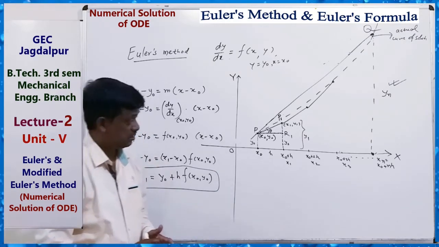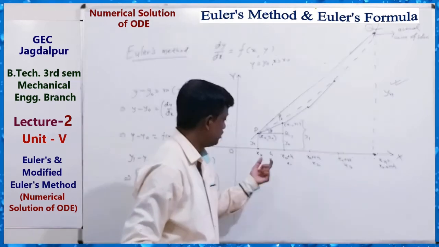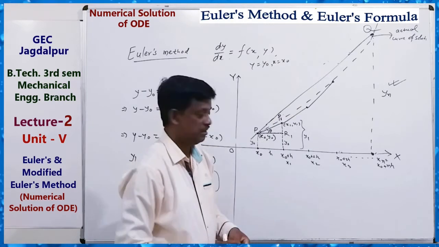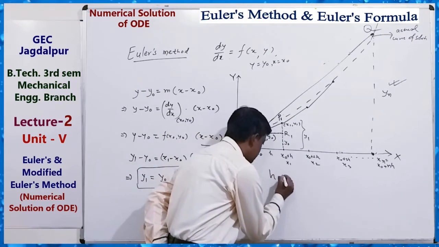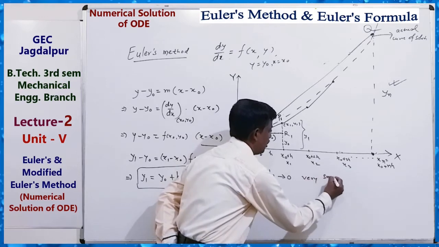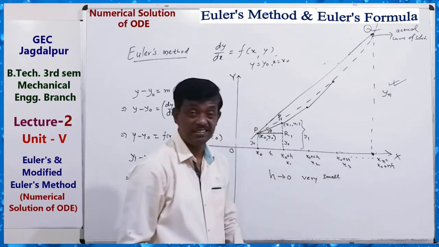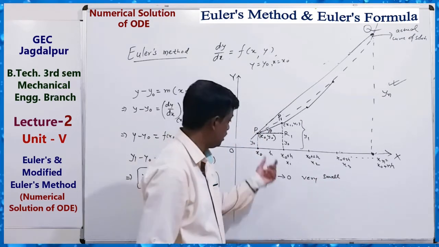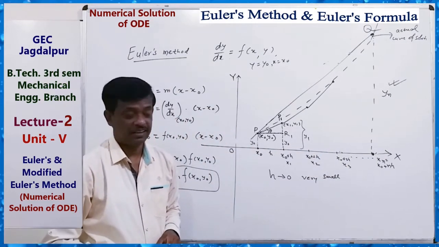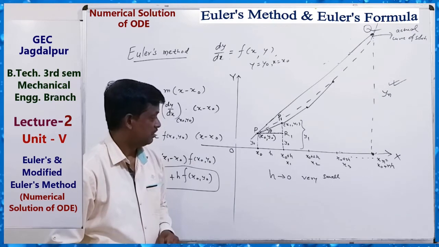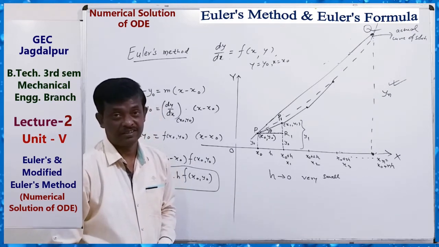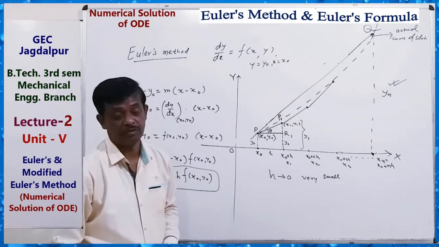But the problem is that for more accuracy, h should be very small. But if we take h very small, then the number of steps increases and the calculation work will be very tedious. So this is the drawback of this formula.